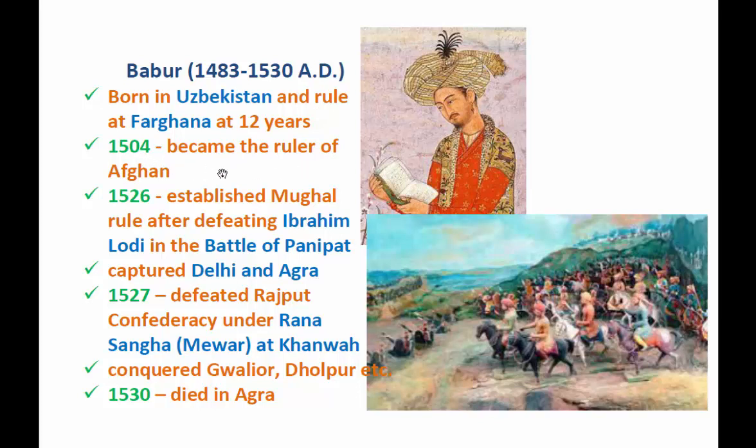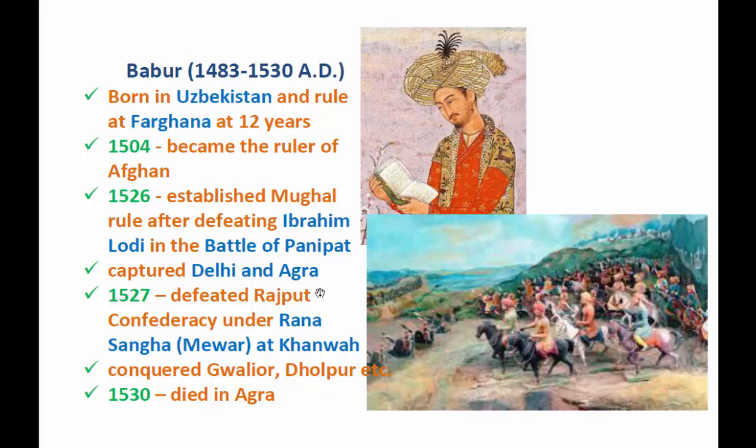In 1526 he established Mughal rule after defeating Ibrahim Lodi in the Battle of Panipat, which we have already talked about. You can see it in the picture, a painting of the scene of the Battle of Panipat. And here is Babur.